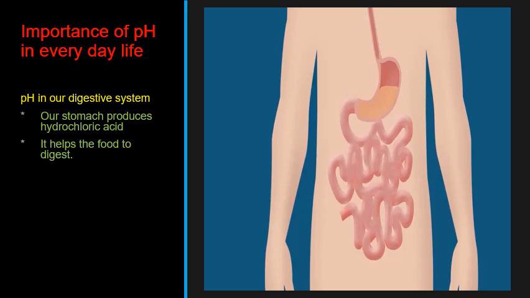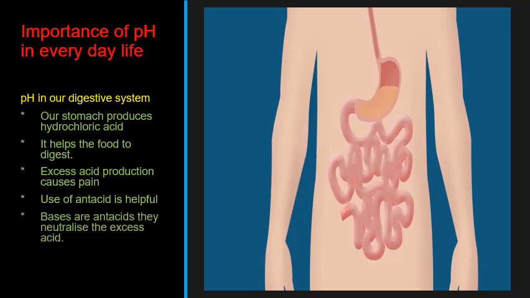It helps the food to digest and converts it into energy. If the acid produced is more in the stomach, it causes stomach pain. So you have to reduce that excess acid, which means an antacid will be used. Why? Because an antacid is a base which reduces the acidity and neutralizes the stomach.